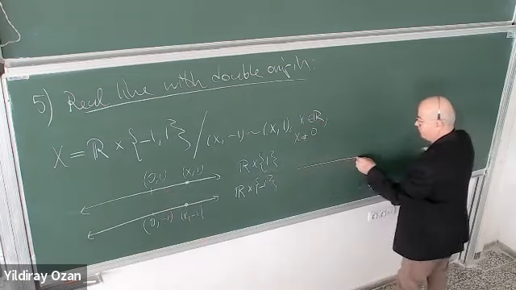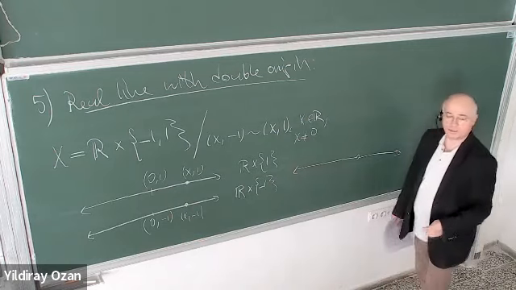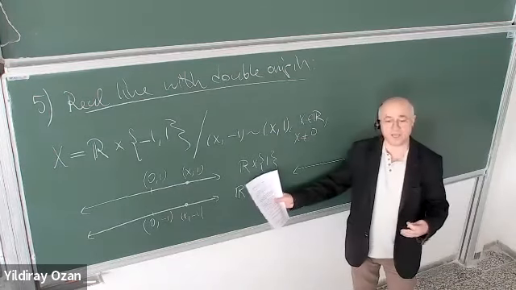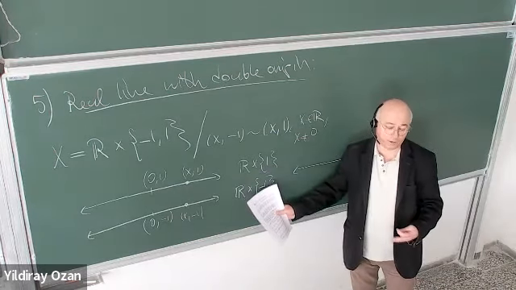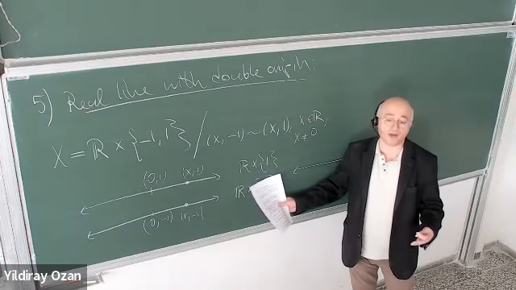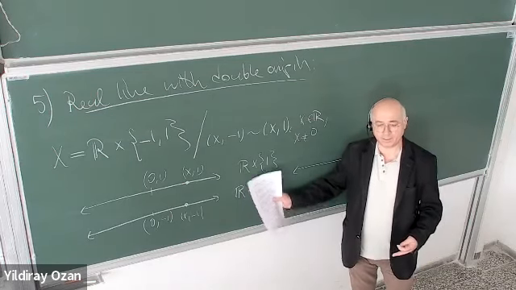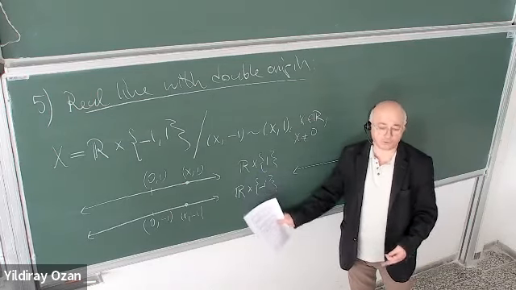This is not a realistic picture because this space cannot be a subset of Rn. We will see that this is a non-Hausdorff space and Rn is Hausdorff. I'll tell you what these mean, and therefore this space cannot be regarded as a subspace of Rn.